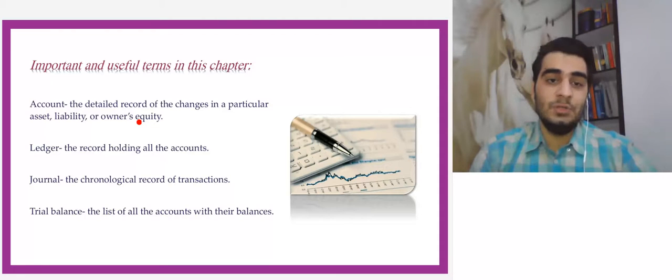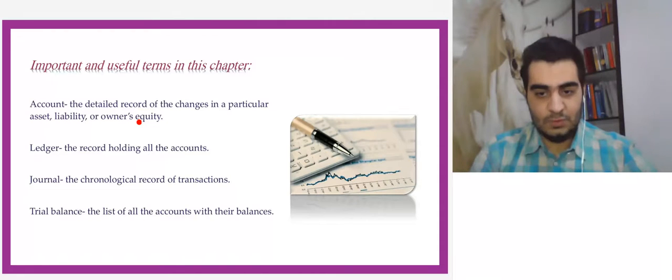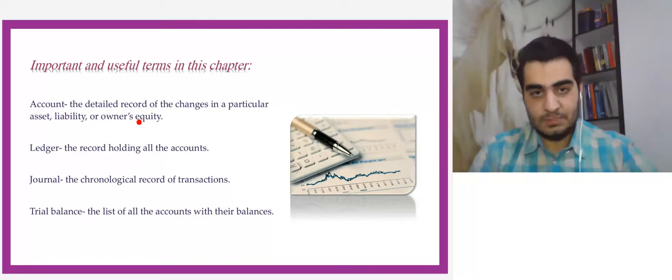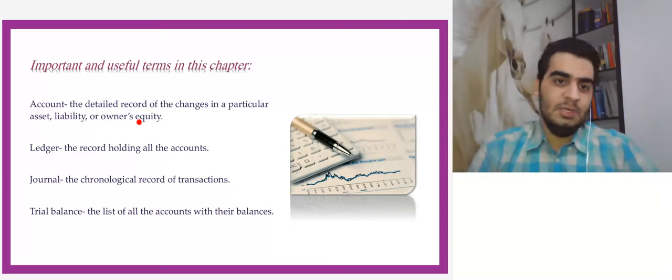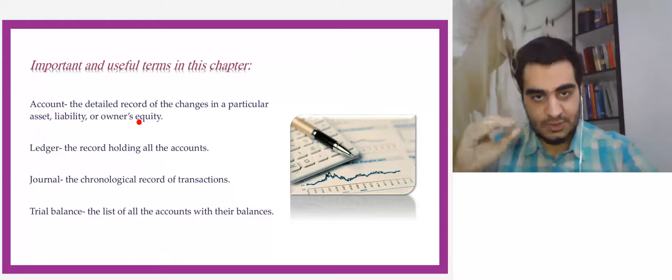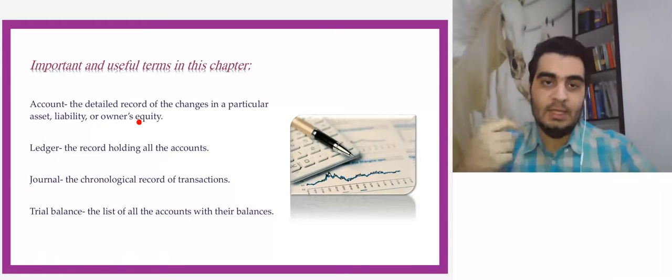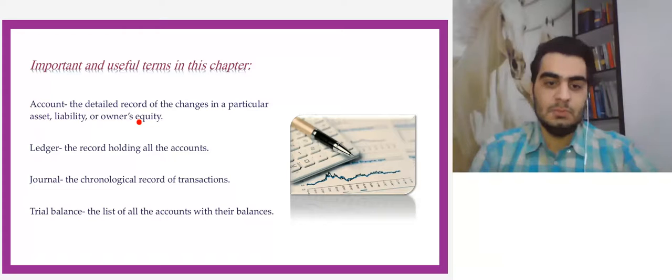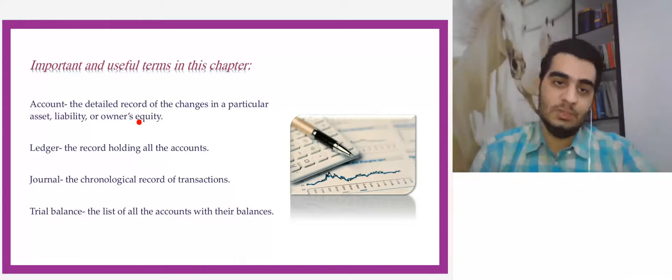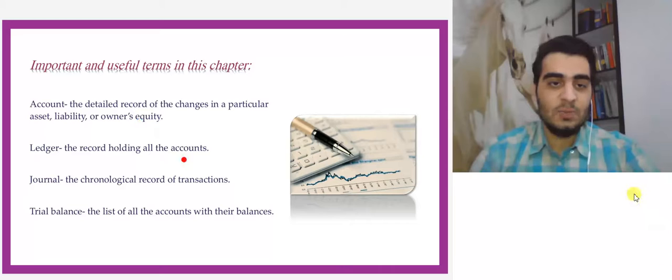For instance, when we open a bank account, which is a cash account, and put some money into it, whether we withdraw money from it or put more money in it, it always increases or decreases. And in order to record that, we need accounts, which means accounts show the changes in those particular assets, liabilities, or owner's equity.